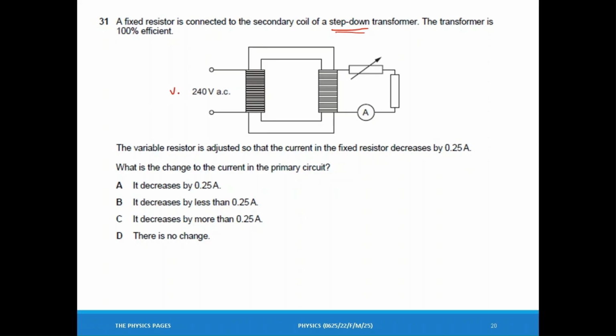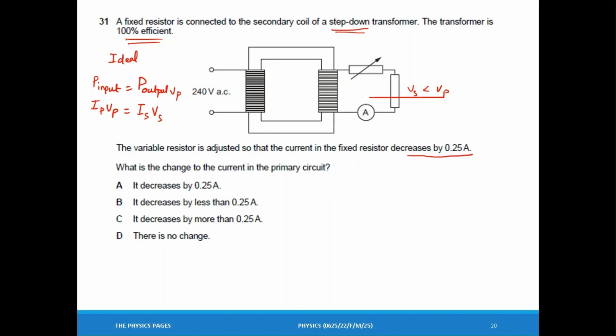Here the primary voltage is 240 volt, so the secondary voltage will automatically be less. And it is 100% efficient, which means it's an ideal transformer, and for an ideal transformer the input power, that is primary power, will be equal to the output power. So IPVP will be equal to ISVS.